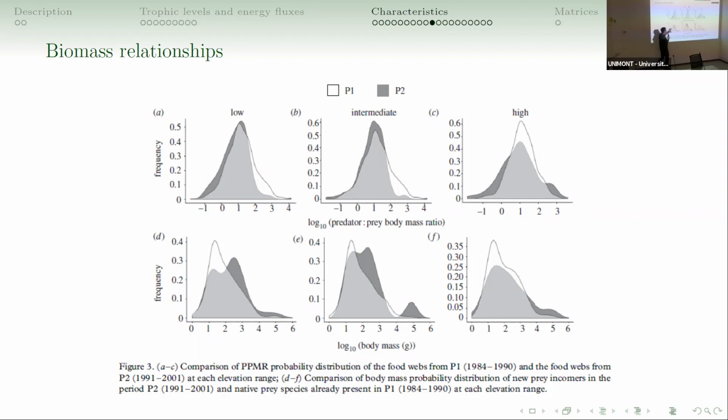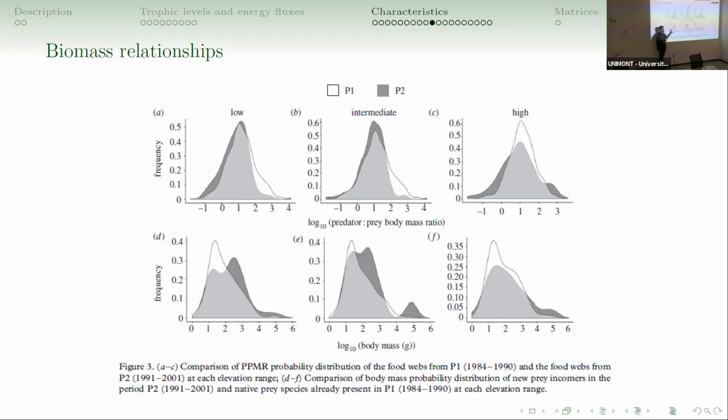And here you have the distribution of body mass of the prey species, only the prey species. And you see that for period 2, dark, the number is bigger. So that means that between the two periods at the 3 elevations, preys are bigger in general. And in our case, it's not that the preys got fatter, it's that there were more big preys.